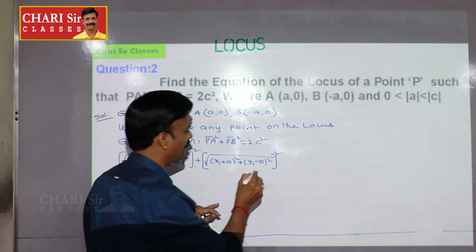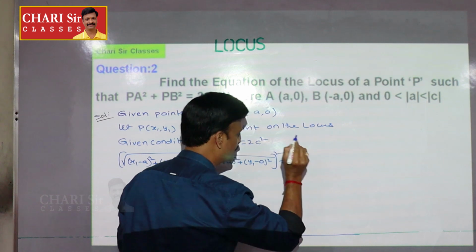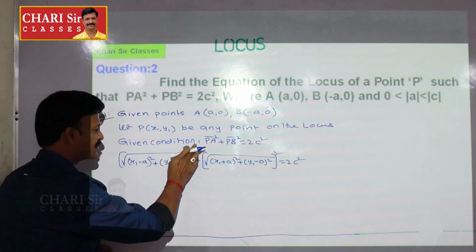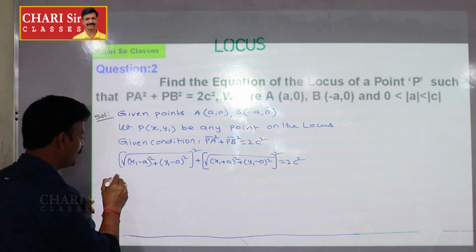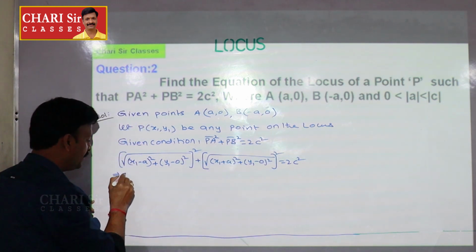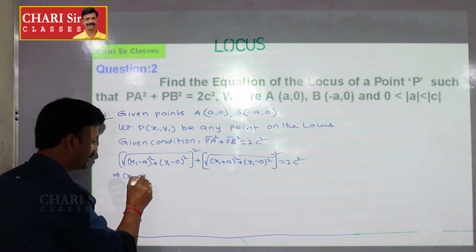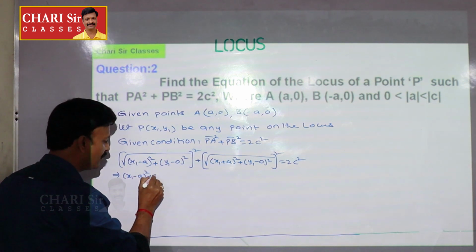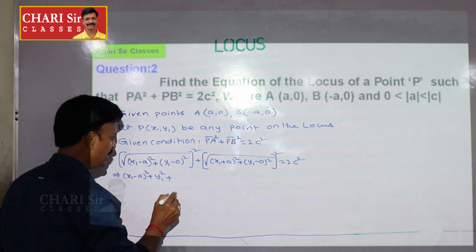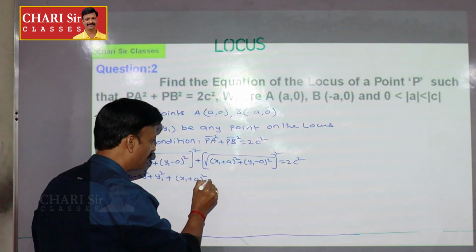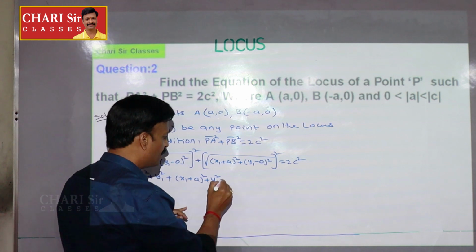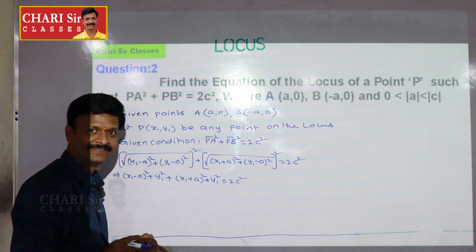And 2c square is as it is. Now square and root get cancelled, and here also square and root get cancelled. So what are the leftover terms? The leftover terms are (x1 minus a) whole square plus y1 square plus (x1 plus a) whole square plus y1 square, which is equal to 2c square.